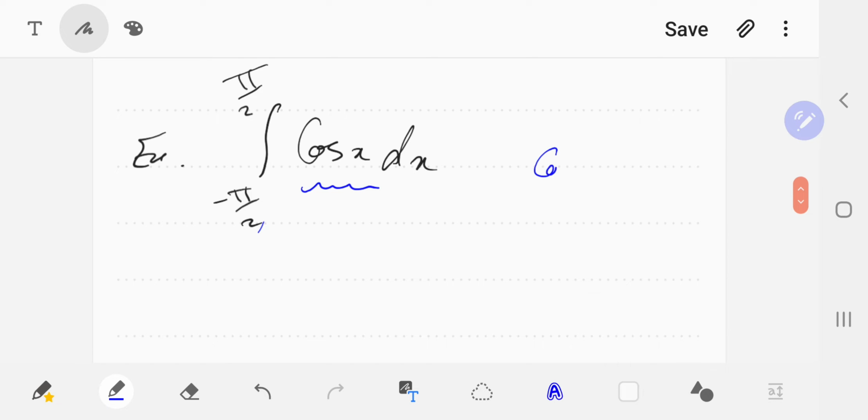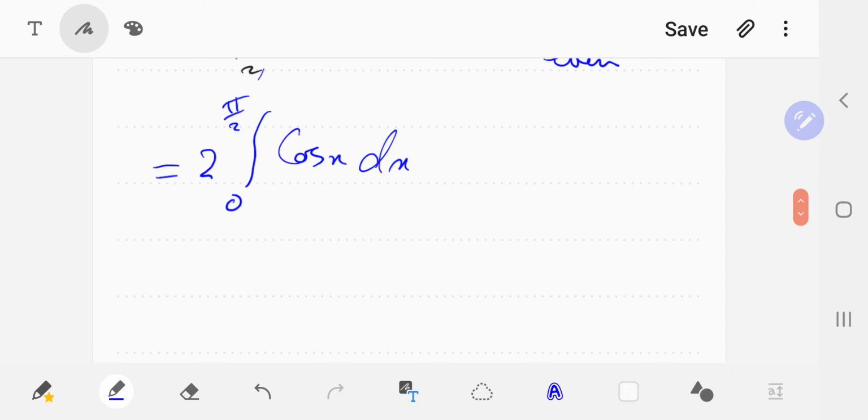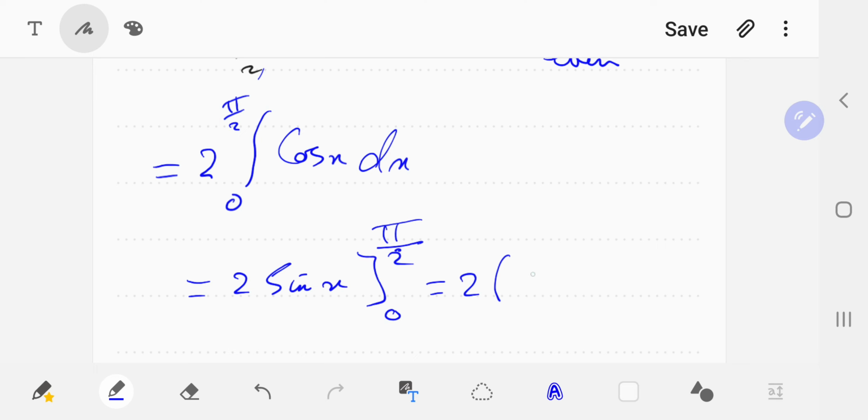Well, we all know that cosine of negative x is equal to cosine x, so it's an even function, which means this integration will be equal to 2 times the integration from 0 to pi over 2 of cosine x dx, and that's simply the integration of cosine, which is sine x, from 0 to pi over 2, all of that multiplied by 2. So 2 times sine pi over 2, which is 1, minus sine 0, which is 0, so the answer is 2 immediately.